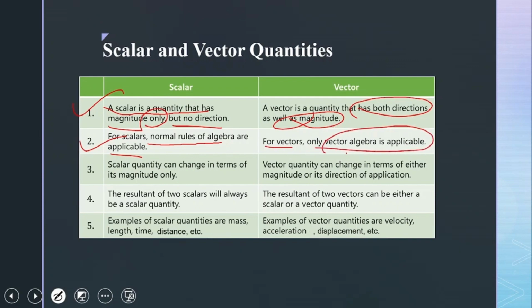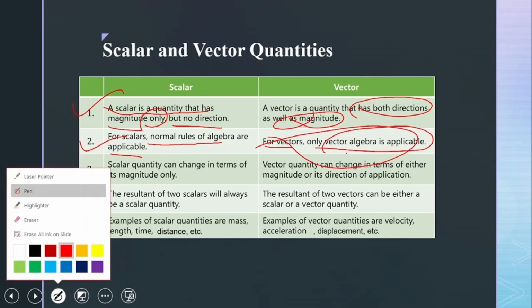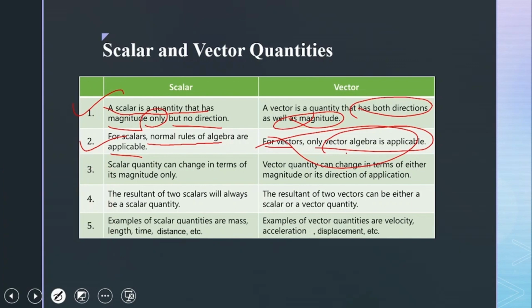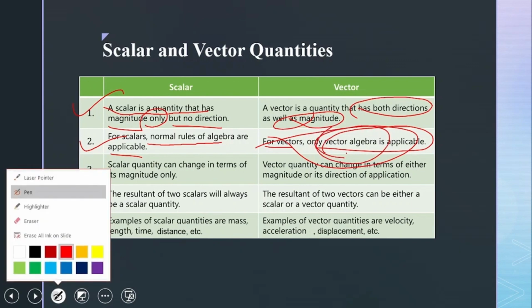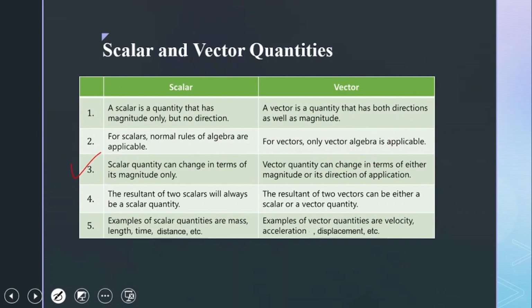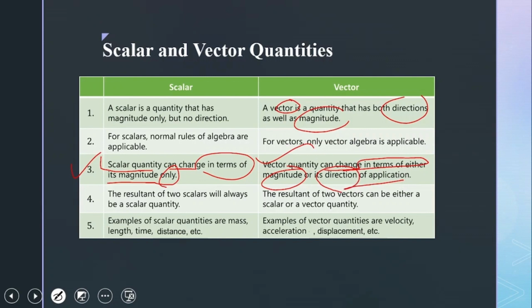You will learn vector algebra in another class. Number three, a scalar quantity can change in terms of its magnitude only, but since a vector quantity depends on both direction and magnitude, it can change in terms of either magnitude or direction of application.